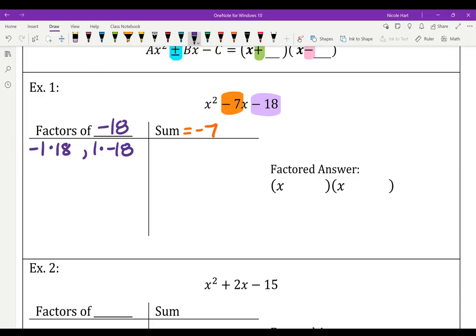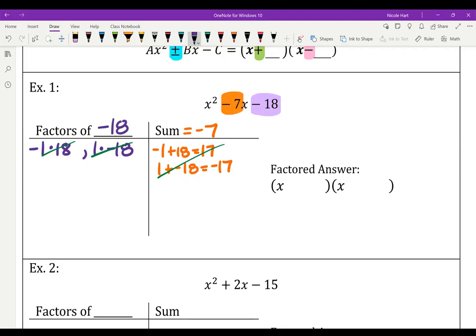So when you think of your list of factors, you have two sets of options. So with 1 and 18, -1 plus 18 is going to give us 17. 1 plus -18 is going to give us -17. Those aren't the sums we're looking for, so those aren't going to work.